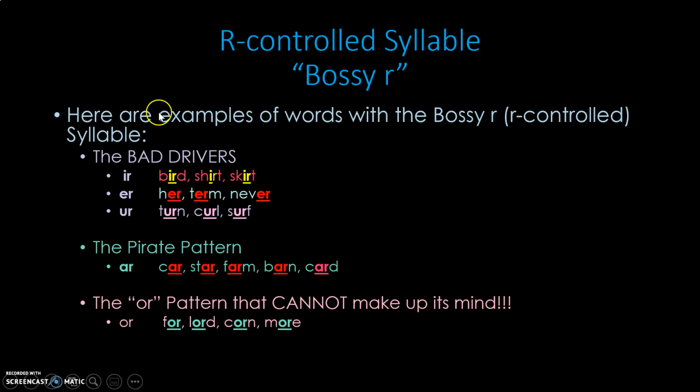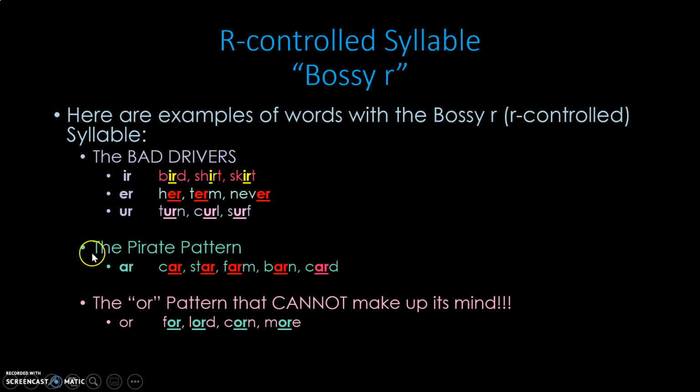We left off with some examples of the R-controlled syllable, also called bossy R. I showed you some examples of the bad drivers, E-R, I-R and U-R, like birds, shirt, skirt, her, term, never, turn, curl, and surf.